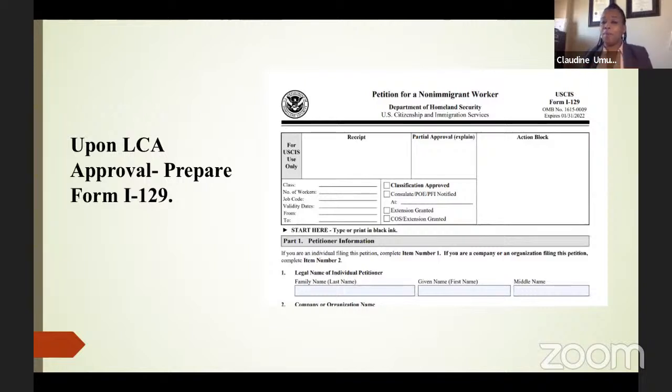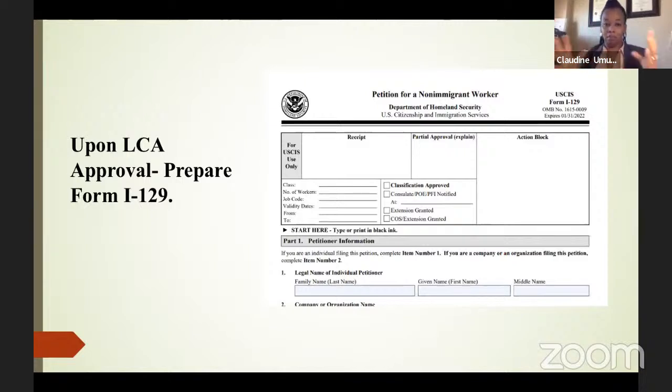So the Form I-129 is used for most non-immigrant petitions, but for each petition for H-1B, you will need the I-129, the H-1B data collection, and the I-129H supplement. The data collection pertains to, okay, that's where you see, is this H-1B cap?